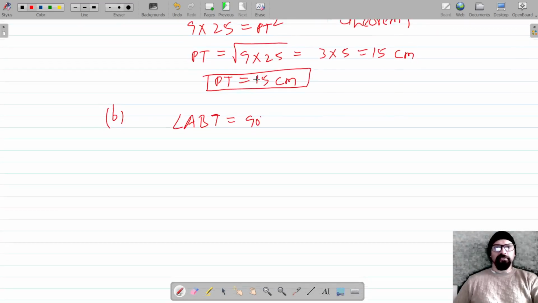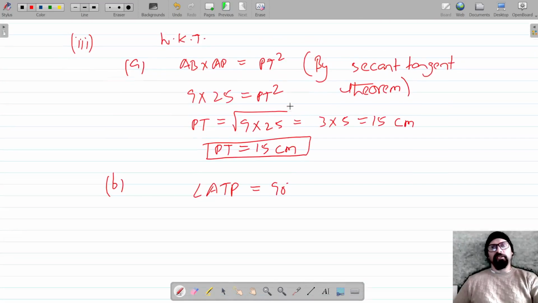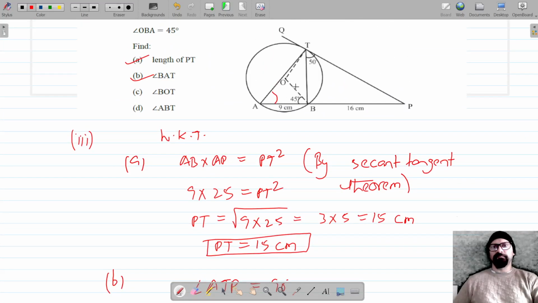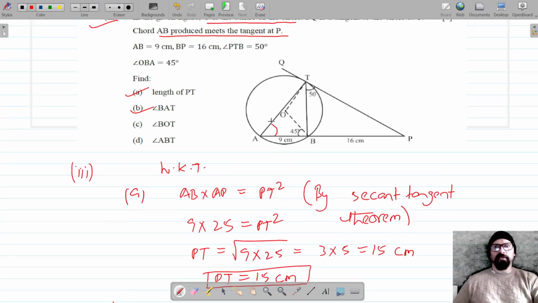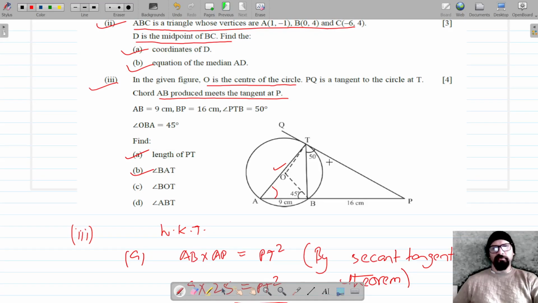Let's take this angle ATP. Sorry, angle ATP is 90 degrees because O is the center of the circle and PQ is a tangent to the circle at T. Chord AB is produced to meet the tangent at P. So O is the center, that means OT is perpendicular to TP.